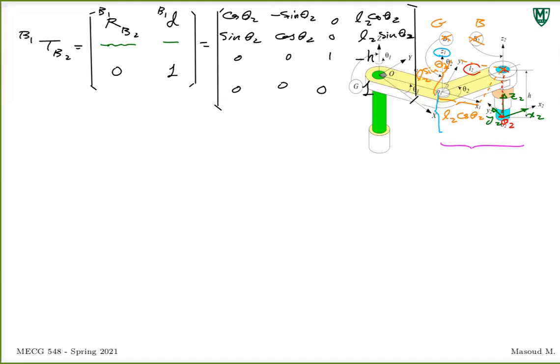All right. So it's pretty simple geometry. It seems complicated, but you just have to keep in mind the definition of what you're looking for. We are looking for a transformation matrix that transforms the coordinates from the second frame to the first frame.